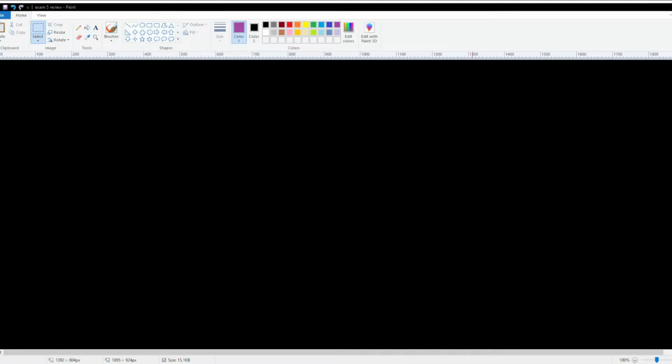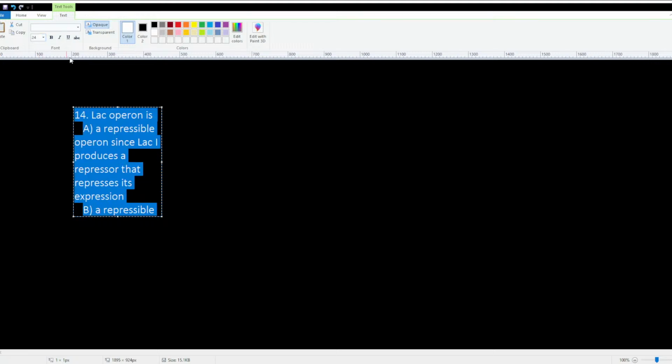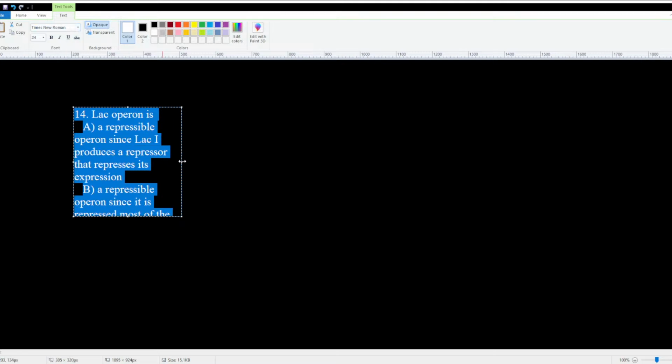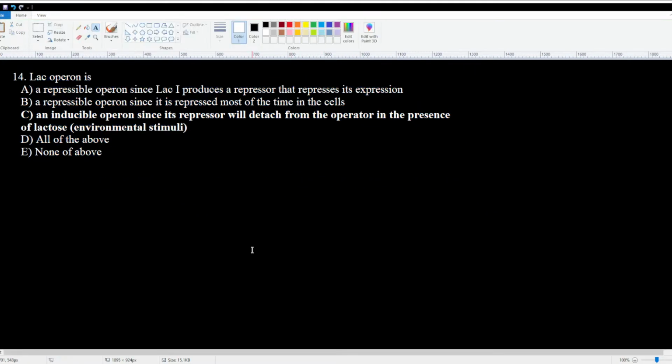So number 14 is asking, a lac operon is a repressible operon, an inducible operon, all the above, none of the above.